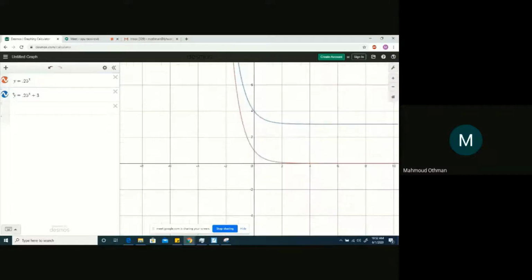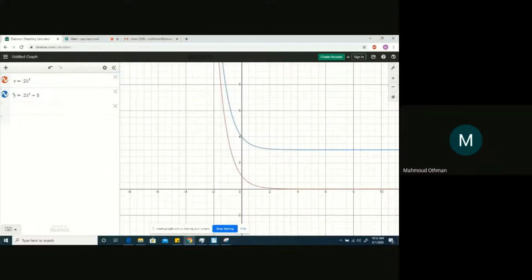Let's take a look at this one right here. Notice how it got shifted up 3. That would mean (-1, 7). As you can see, it only shifted up by however much was added to it.